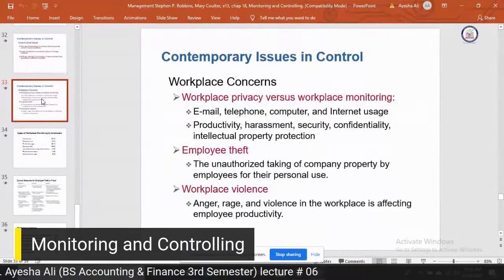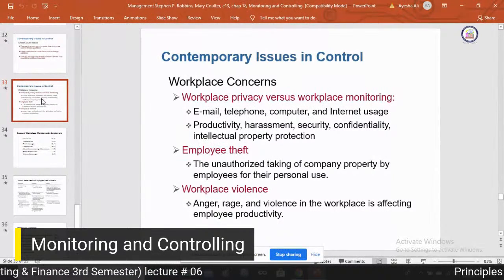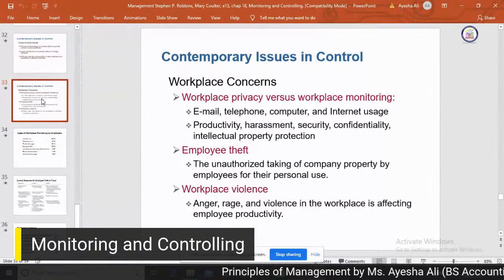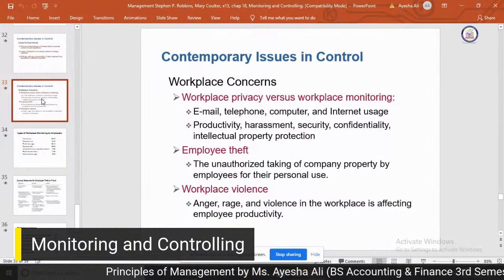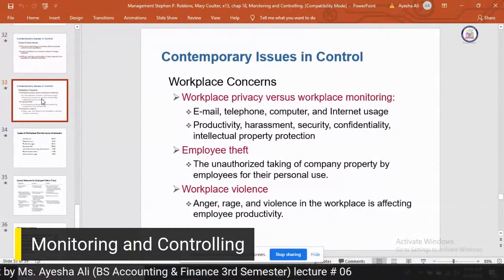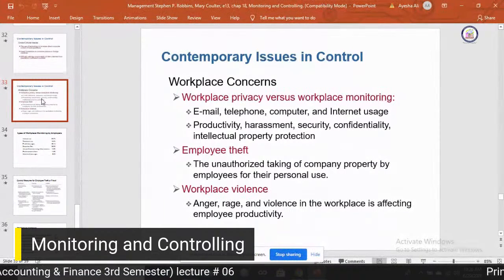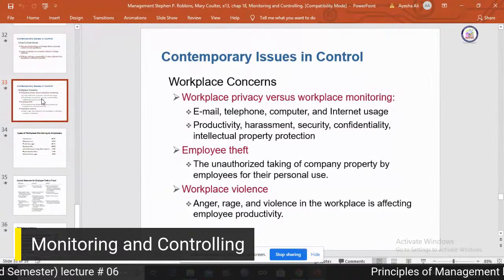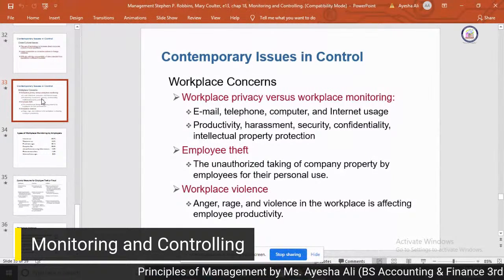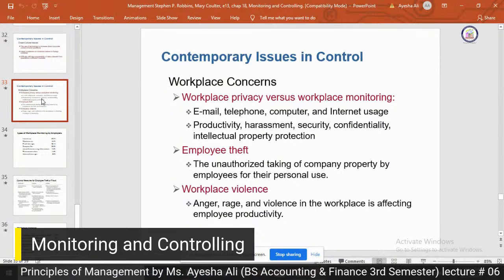So for securing the organization, they are doing this. In confidentiality, sometimes they don't want some strategy and some plans or some news to be leaked to others. So for confidentiality purpose, they monitor their staff, their workers, and for intellectual property protection.